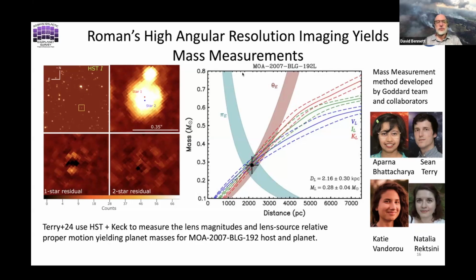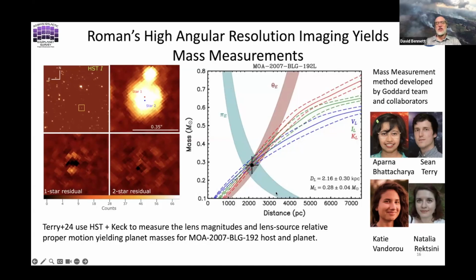Here's a sample of HST data of one of these events. The lens and source stars are separated by a small amount, and if you fit a single star profile to them, you see this sort of dipole residual that goes away if you fit a two-star profile. This allows you to determine a number of different mass-distance relations to determine what the mass is. There are mass-distance relations that come from the brightness of the lens in two different passbands, assuming it's a main sequence star.